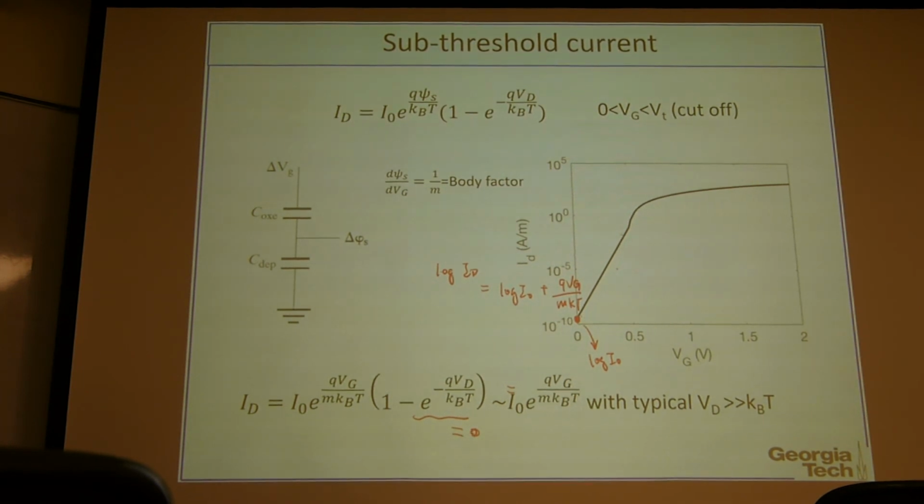And then this is a linear function of the gate voltage in this log scale, and the slope here will be 1 over mkT. That's why we explain that the current depends exponentially on the gate voltage if it's smaller than the threshold.